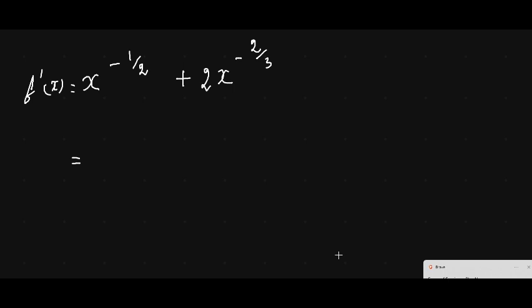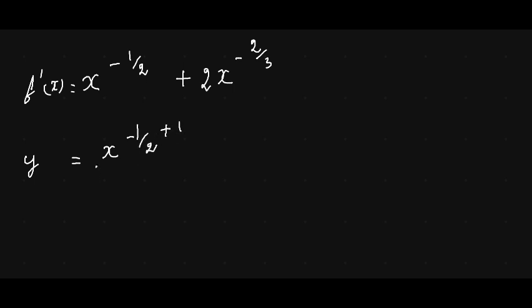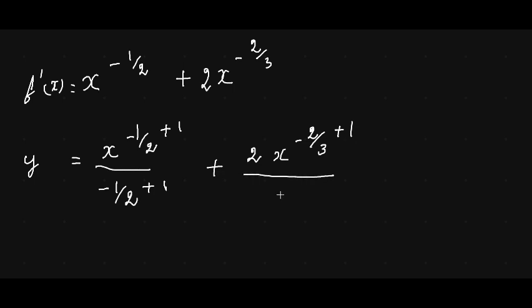So in this case, y equals x to the power of minus 1 by 2 plus 1 divided by minus 1 by 2 plus 1, plus 2 x to the power of minus 2 by 3 plus 1 divided by minus 2 by 3 plus 1, plus c, okay?